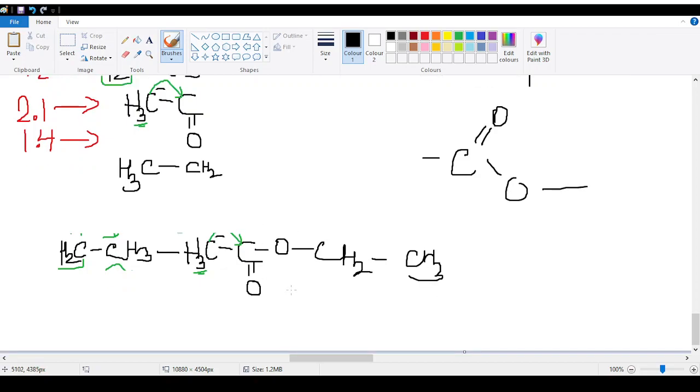Do we understand so far? Now, there's a few problems here. That is, the total carbon number should be 4. So we have to exclude some part. So this must not exist.